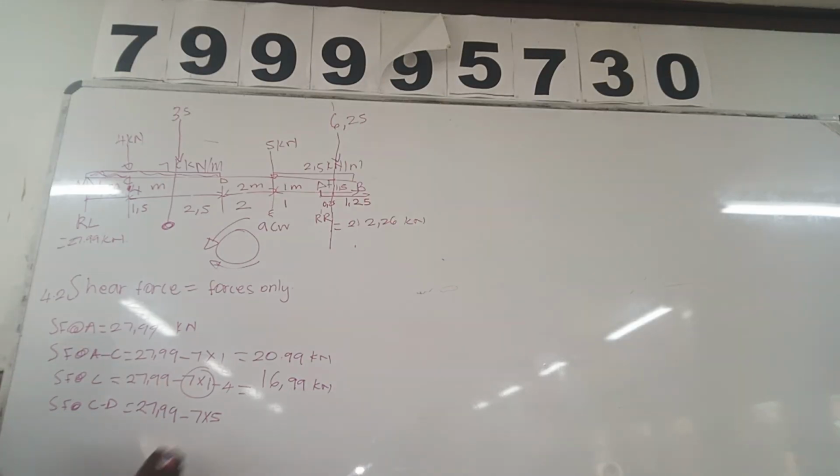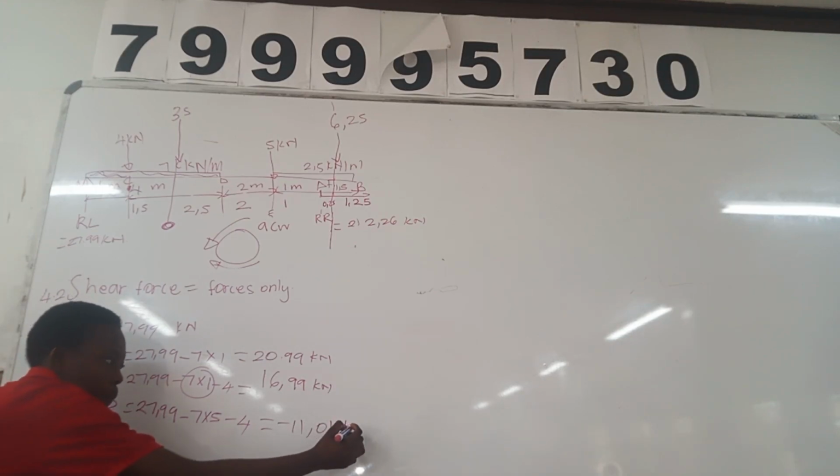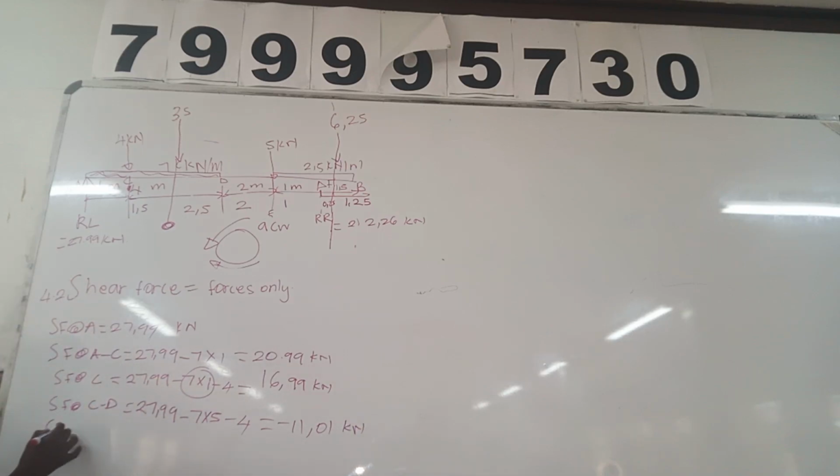So it's 7 times 5 minus 4, which gives negative 11.01.